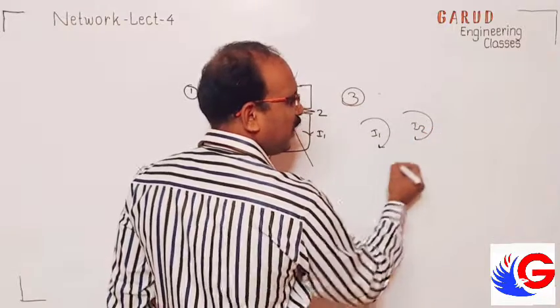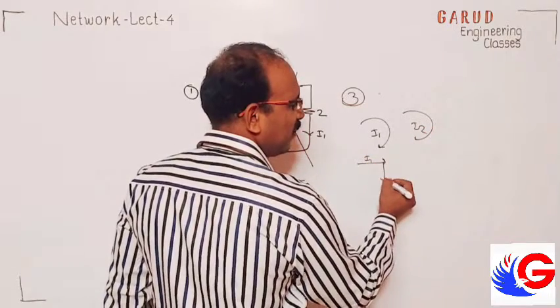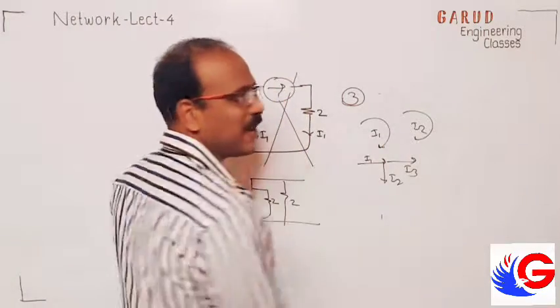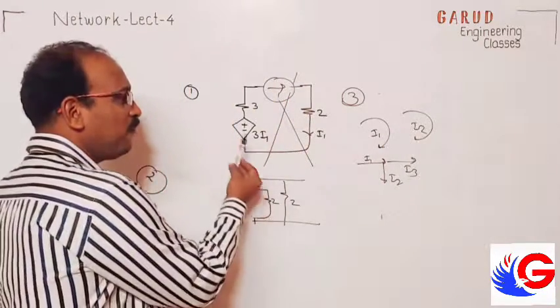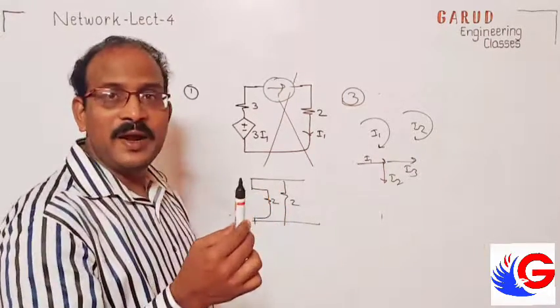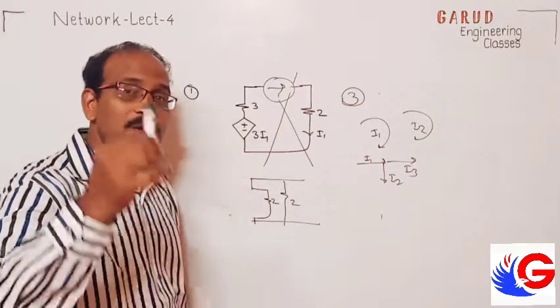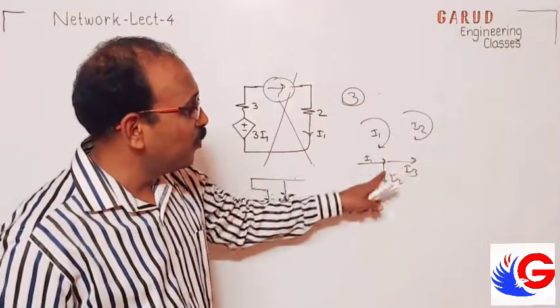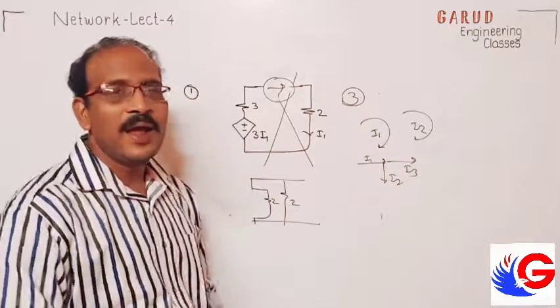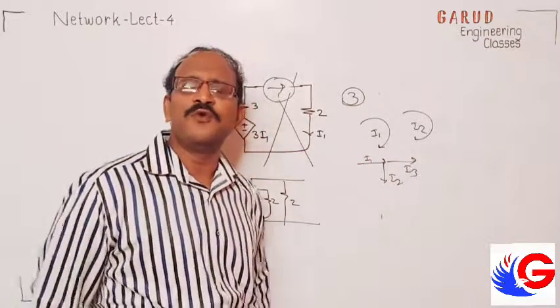In KCL we assume I1 like this, here we can say I2, we can say I3. So these are called assumed parameters. So first express whatever the dependent sources are with whatever assumption.